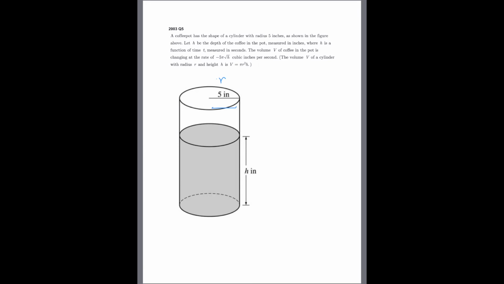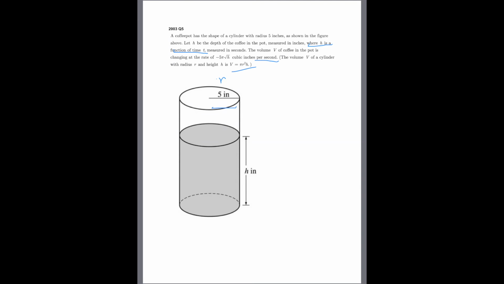That's your first indicator, Julia. It says it's a function of time t, so it's already with respect to time. That's just like a signal, measured in seconds. The volume of the coffee in the pot is changing at a rate of -5 pi radical H cubic inches per second. Again, the volume V of the cylinder with radius R is that.